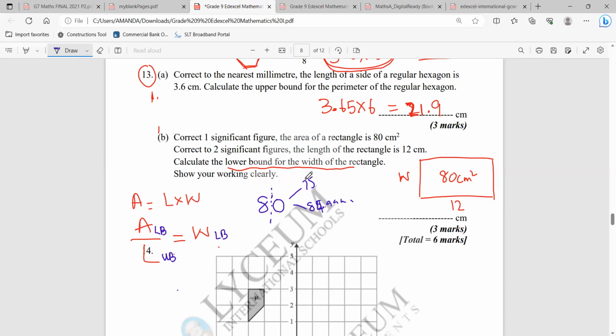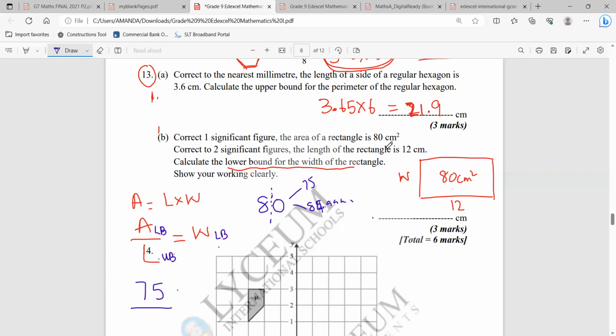We need the lower bound, so 80 lies between 75 and 85. So the lower bound of the area is 75. We found one. Next, we have to find the upper bound of the length.